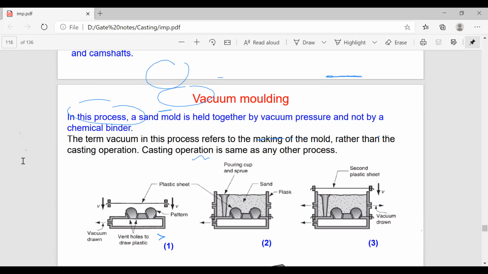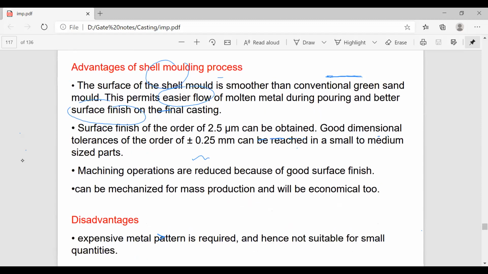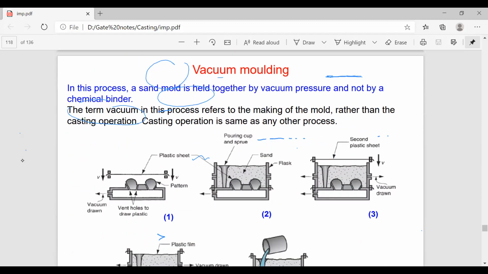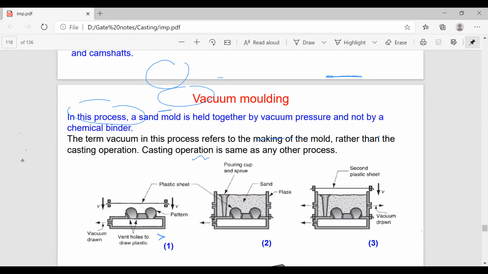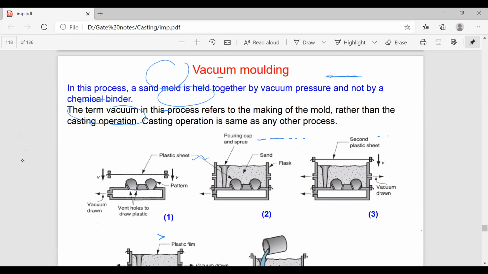So in vacuum molding, what is happening? A sand mold is held together by vacuum pressure here, not by chemical binder. In shell molding, the sand mold was held together by binder, and that performed the role of holding the sand mold together, right?